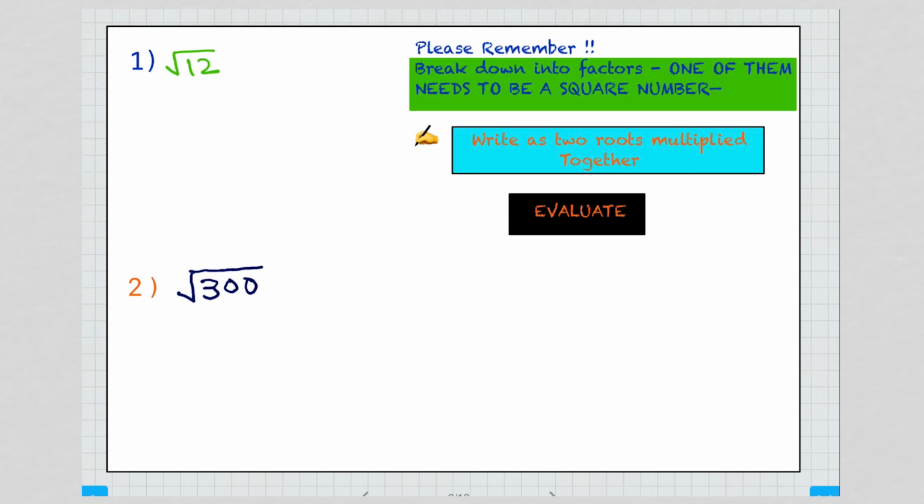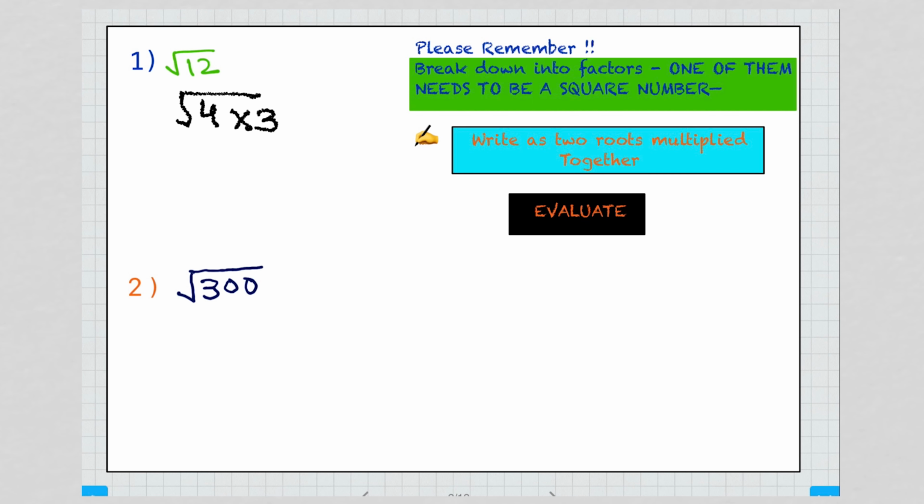Let's look at this question, root 12. So what we need to do, first, break down into factors. Root 12, I can write it as 4 times 3. And then, what's the next step?